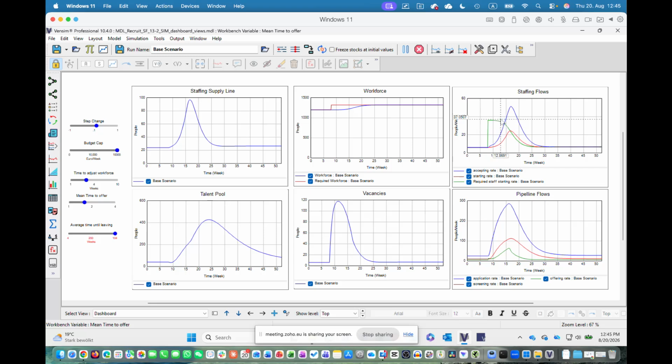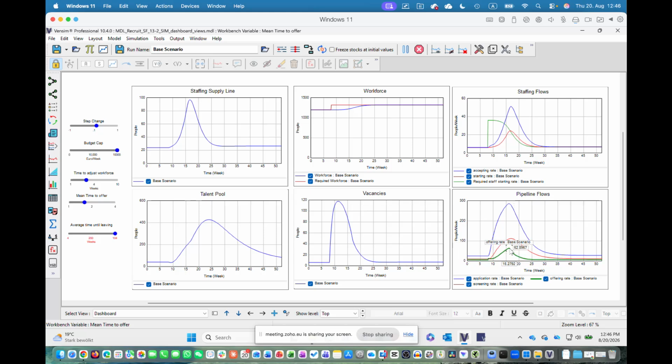But that's something we can also play with a little bit here to see what the difference is. And the important thing to note here is, even though the manager says, okay, I have a need of, let's say, 120 additional people, which is basically the vacancy stock here, they, of course, do not start right away, because it takes some time. The delays and the flows propagate throughout the system.